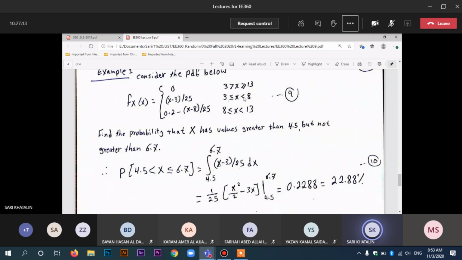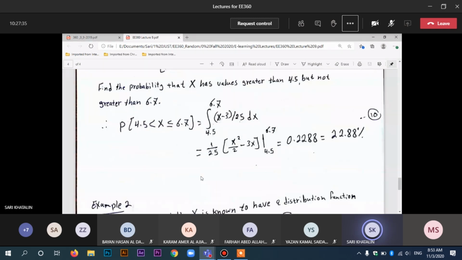If we look at equation 9, the PDF, it applies to the middle part, where x is larger than 3 but less than 8. This range falls between 3 and 8, so for 4.5 to 6.7 we use f(x) equal to (x minus 3) divided by 25, and we do the integration for it.